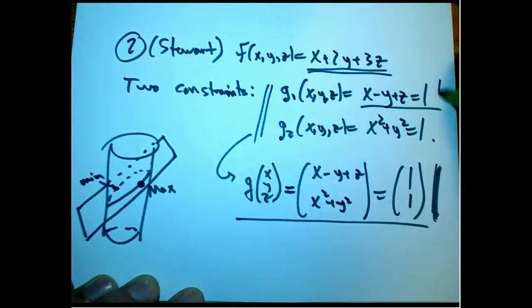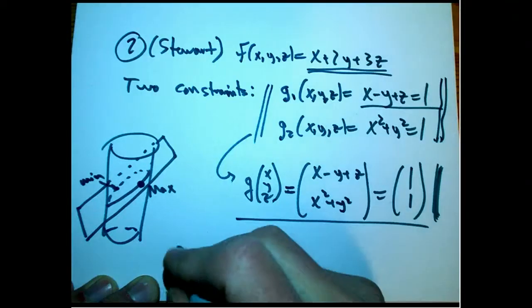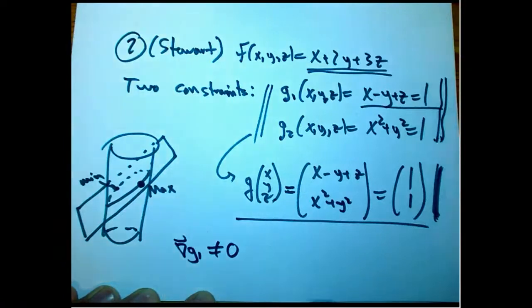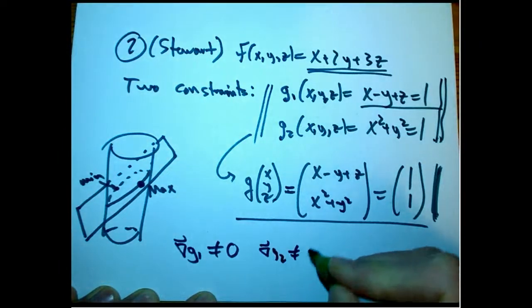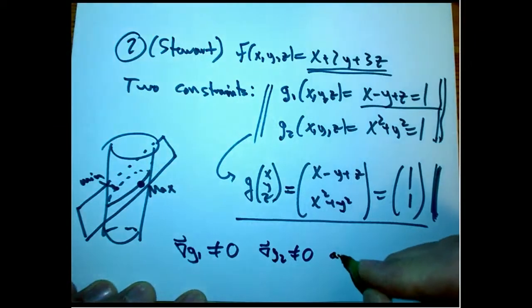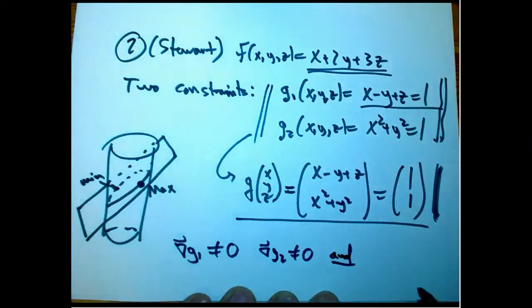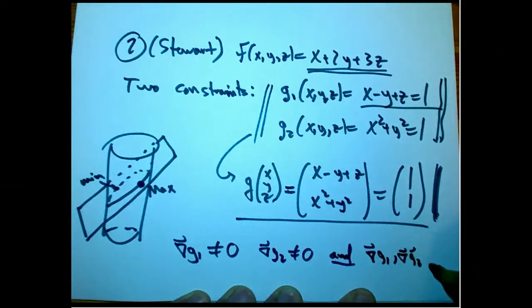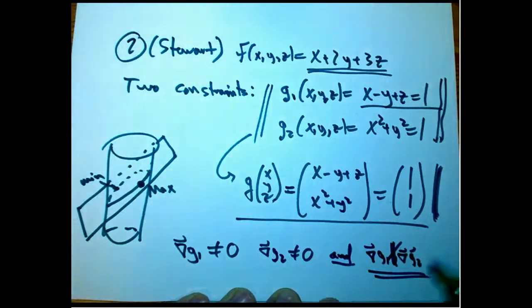Well, the natural generalization, or the first thing for the generalization of what we were doing before, is we'd probably want the gradient of g1 not equal to 0, and the gradient of g2 not equal to 0. And that's absolutely true. We need those to be true. But there's one more. What we're going to see to make the Lagrange work, and it's also just to make the implicit function theorem work at all, is that we want them not to be parallel. So the gradient of g1 should not be parallel to the gradient of g2. So the gradients should not be parallel to each other.